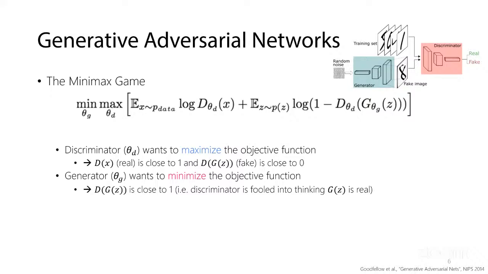However, from the generator's perspective, we want to fool the discriminator so that the fake image generated by the generator gets fed into the discriminator, and the discriminator gets fooled by the fake image and starts to believe that it looks real.